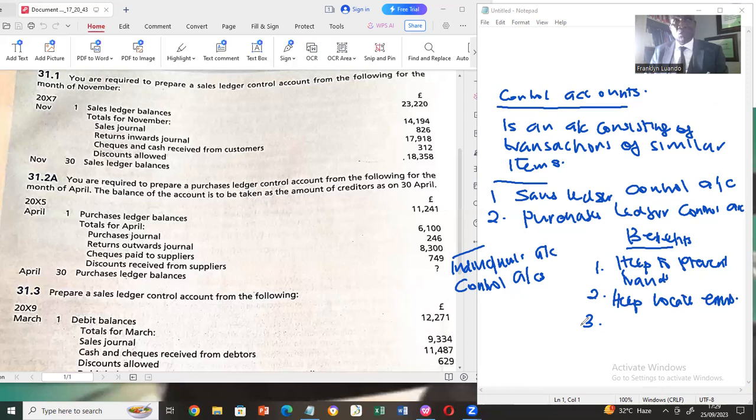In the same way, if you are looking for the total payables figure, it will be found in the payables ledger control account. So they provide instant figures for inclusion in the final accounts.